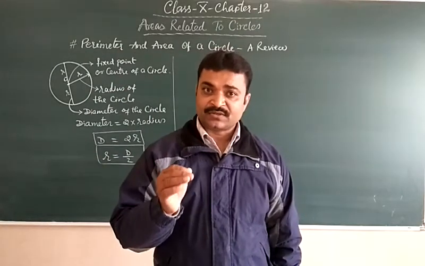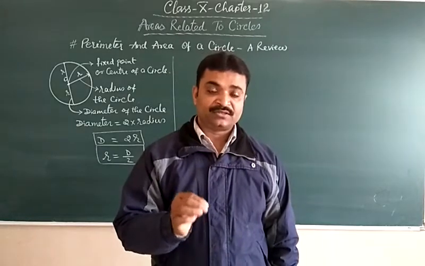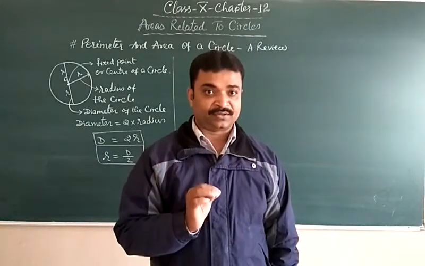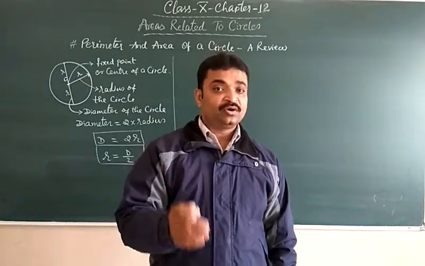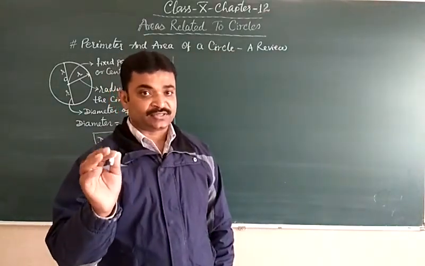One thing: the circumference of a circle bears a constant ratio with respect to the diameter. That means the ratio of circumference and diameter is constant.